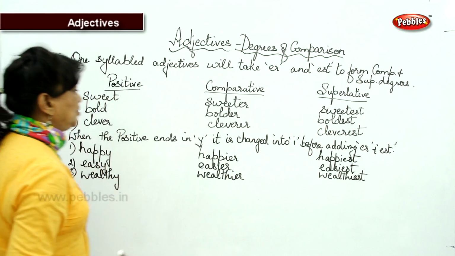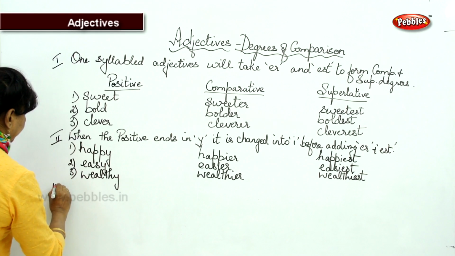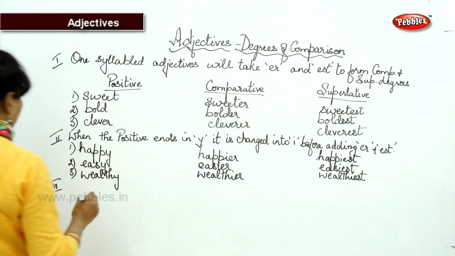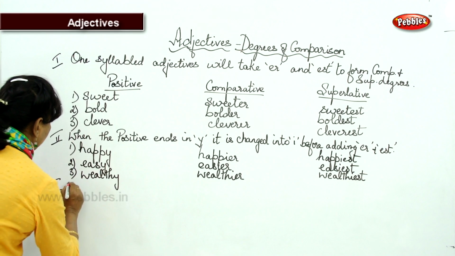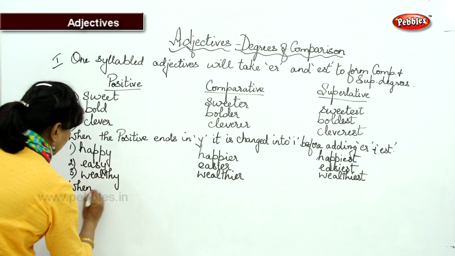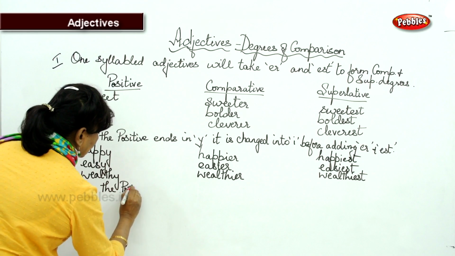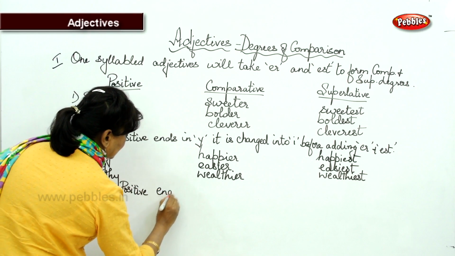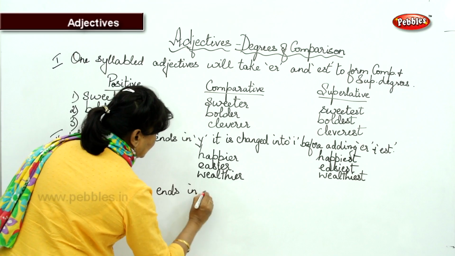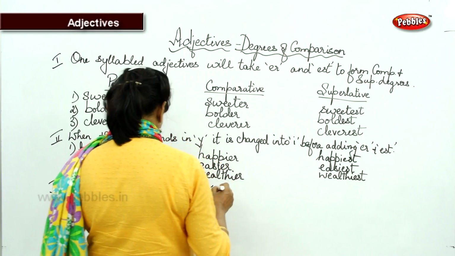Okay. So, we have seen two rules. One more rule I will give here. When the positive ends in E, what happens?